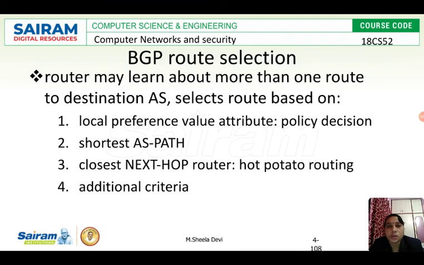So BGP route selection: how is it done? Routers learn about multiple paths. Among the multiple paths, we can select the best path through four different factors. The first factor is the local preference value attribute, based on the policy decision in the autonomous system.